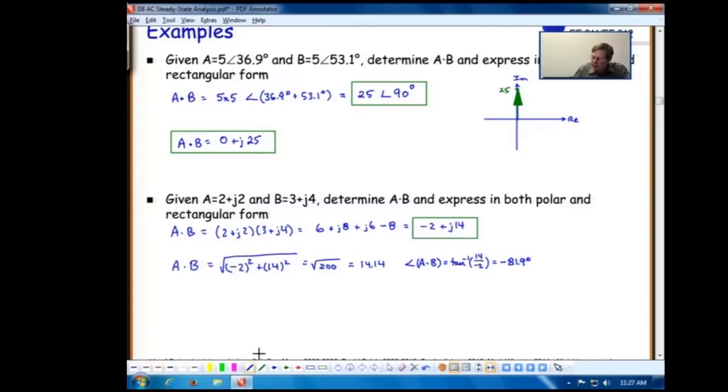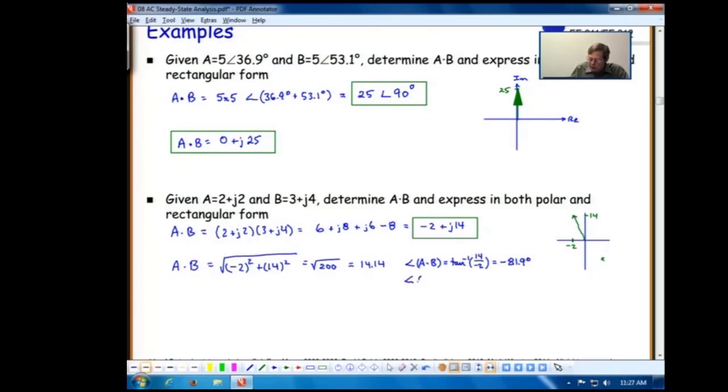And just to quickly sketch that to see if we got things in the correct quadrant, if we plot minus 2 plus j14, it's going to be up here somewhere. So the calculator returned an angle that's down here in the fourth quadrant, so we have to add 180 degrees to it to get the correct angle in the second quadrant.